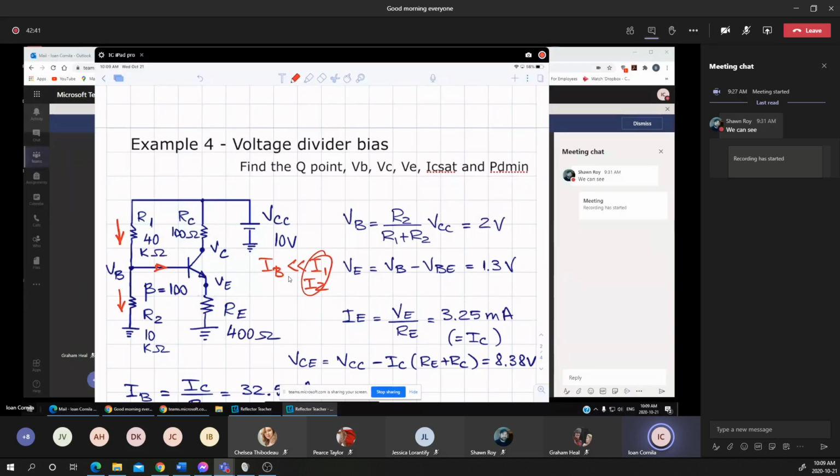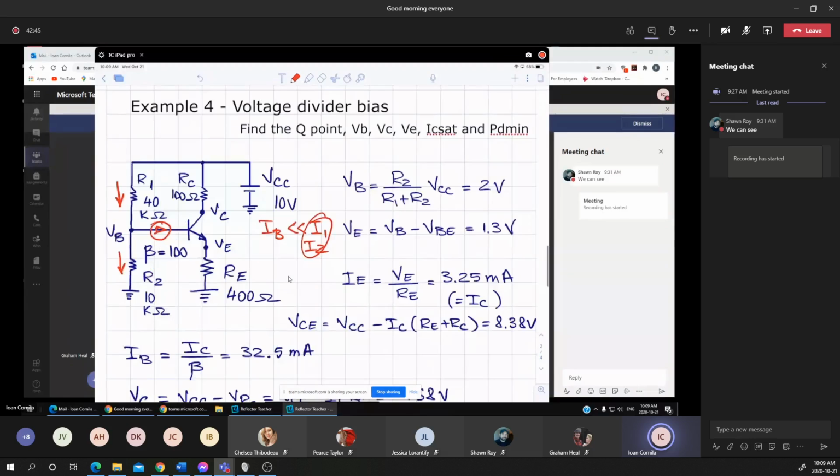This current, the IB, has to be at least 10 times smaller than the I1 or the I2. That means that in our calculations, the IB does not affect the calculation for the VB.